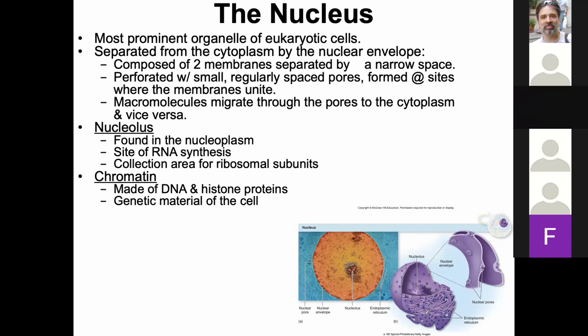The chromatin is DNA and histone proteins and contains all the protein building information that the cell needs to survive. Okay, so it's the blueprint for the tools of life, which is what proteins basically are.